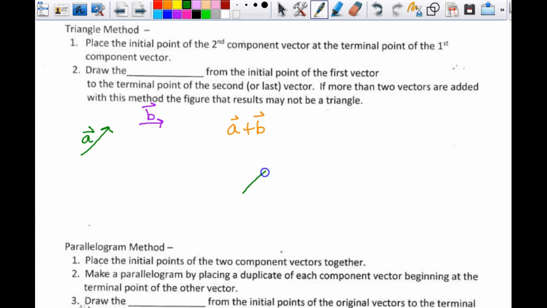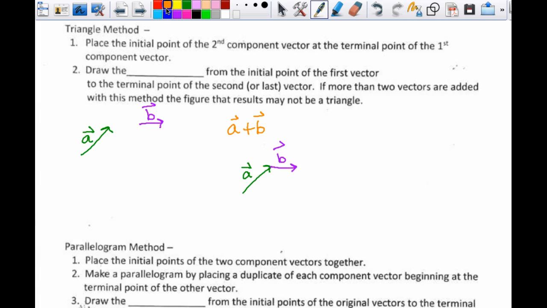So here's A, and you just recopy it the best you can. Obviously, we'll be a little bit more accurate with this because we're actually doing something with it. If I'm going to do A plus B, A is the first one, so I put the tail of the second one on the head of the first one.